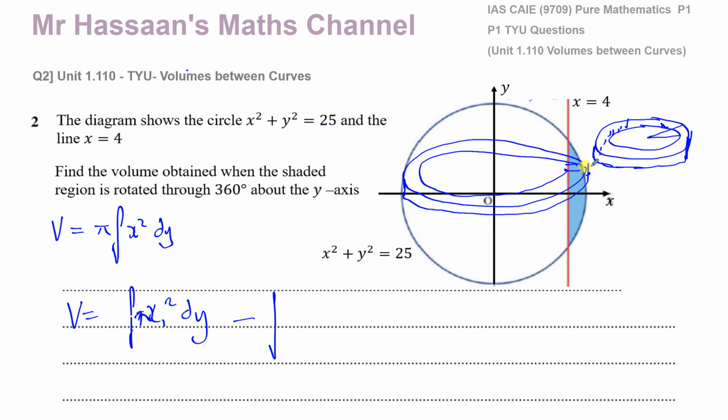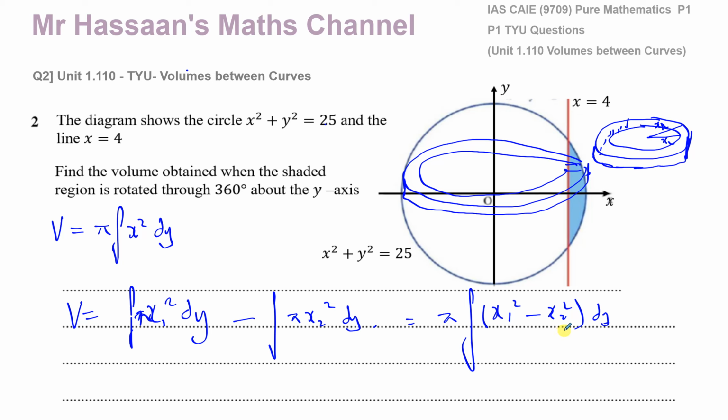If this is x1 and the inner one is x2, there will be pi times x2 squared dy. Now these can be combined as pi times x1 squared minus x2 squared dy, just taking out pi as common and integrating it as one.